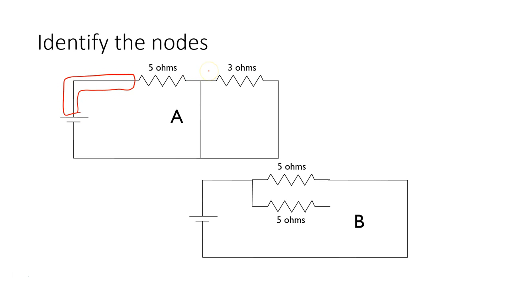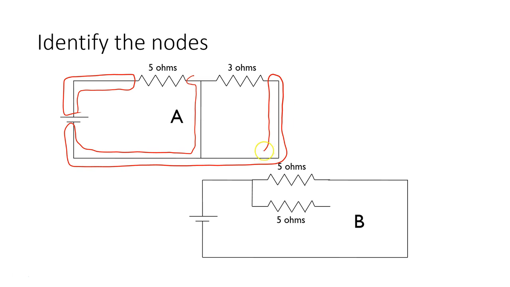Now if I cross over to this side, I will get here, and if I trace the wire down, I will get that. And we see that in each one of these nodes there are no components.